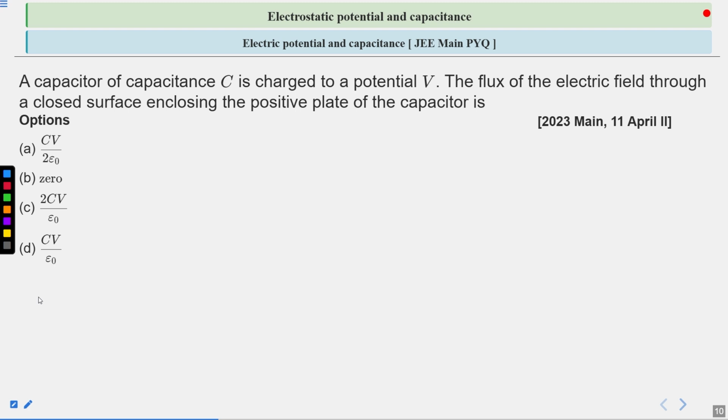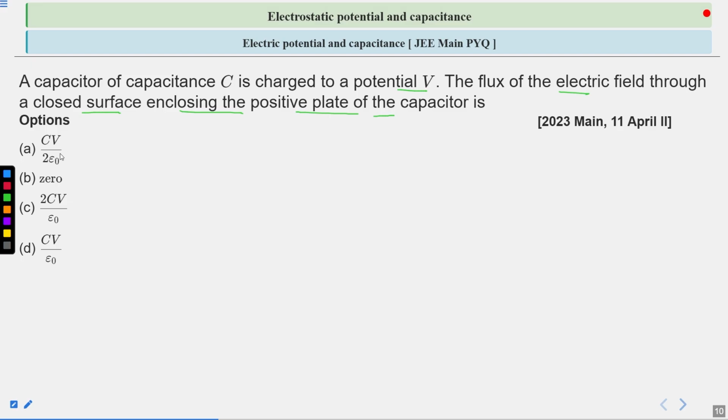A capacitor of capacitance C is charged to a potential V. What is the flux of the electric field through a closed surface enclosing the positive plate of the capacitor? If any closed surface is enclosing the positive plate of the capacitor, what is the flux through it? We have to calculate this.